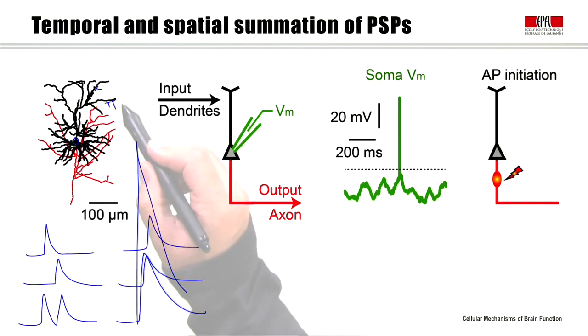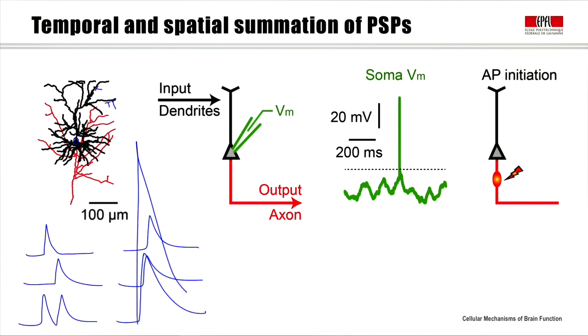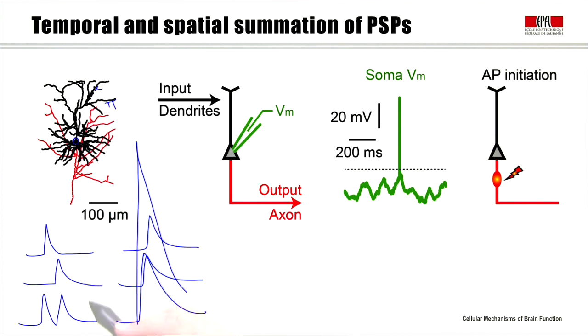And so these distal areas might be involved in communicating with the soma largely through activation of the voltage-gated NMDA receptors that might further drive voltage-gated sodium conductances.